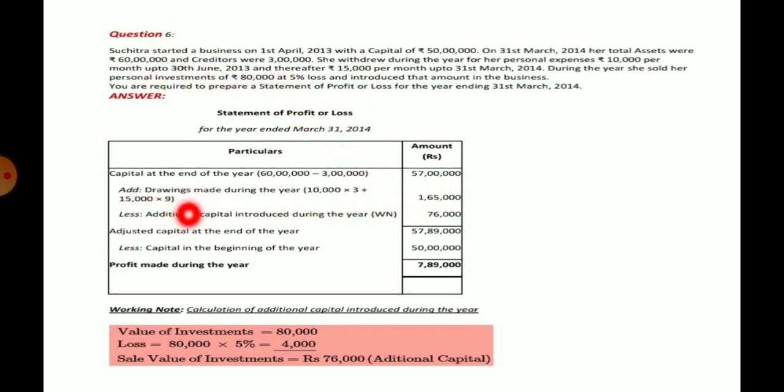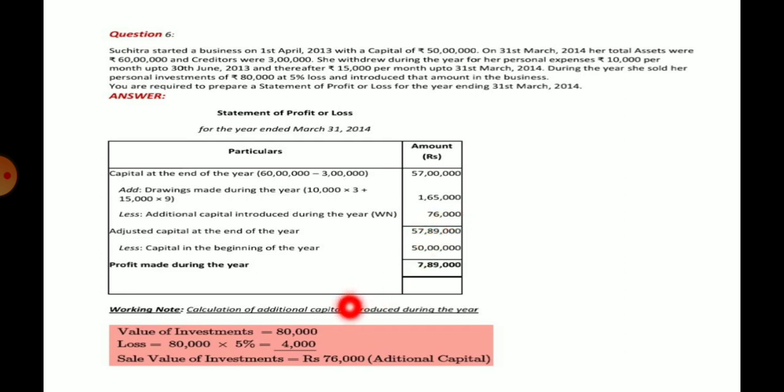Add drawing during the year, that will be 10,000 for 3 months and 15,000 for 9 months. So total drawing for 12 months will be 1,65,000. Less additional capital introduced by selling her investment, not ornament, that was in the previous question. It will be written here.